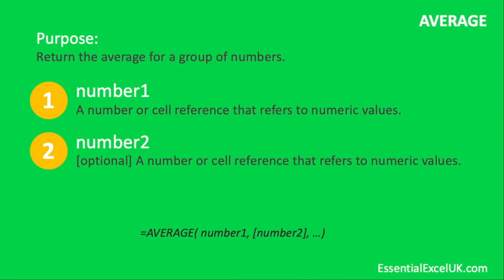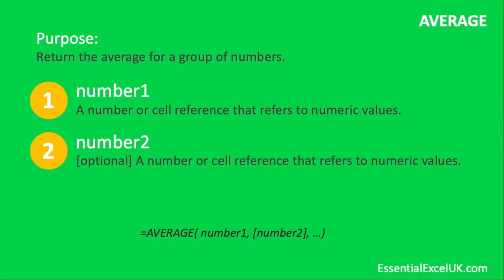You can see we've got average, number one, number two, and then further opportunity to add additional numbers if need be. As we touched on before when we looked at sum, and others where we looked at ranges or where we can enter separate number references, average works the same.